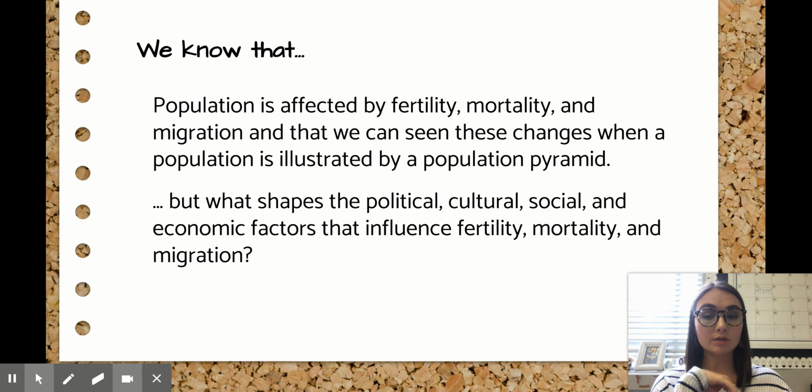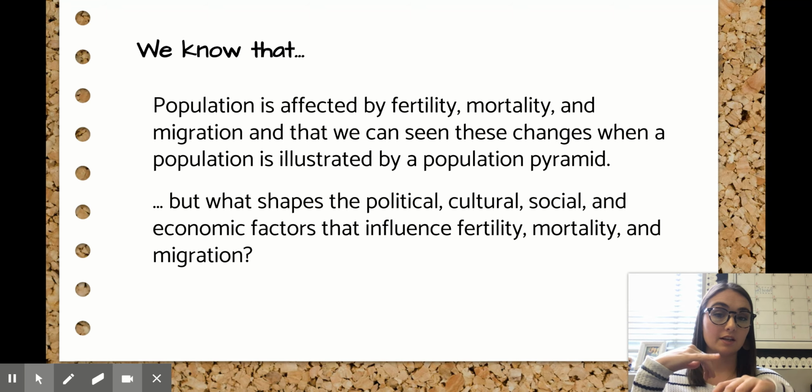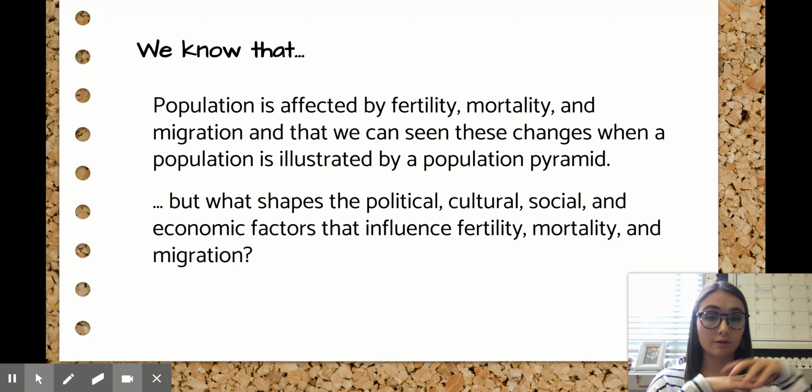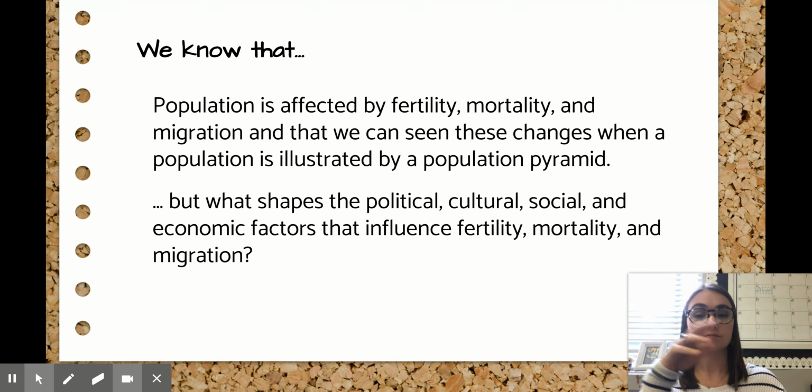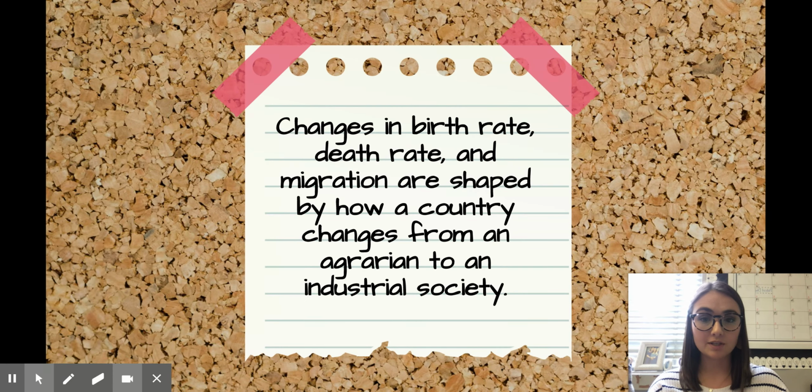But what we don't know is what shapes the political, cultural, social, and economic factors that influence fertility, mortality, and migration. So we know that fertility, mortality, and migration are affected by those factors, but we don't know right now what determines them. Well, I'm going to tell you.